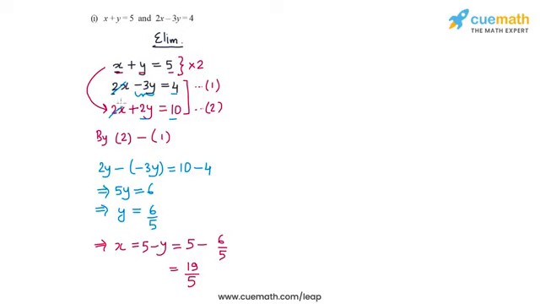Okay, now let's solve the same pair of equations using substitution. Again, the pair of equations is x plus y equal to 5 and 2x minus 3y is equal to 4. From the first equation, let me write x in terms of y.